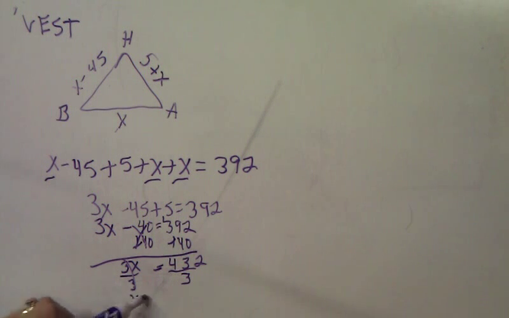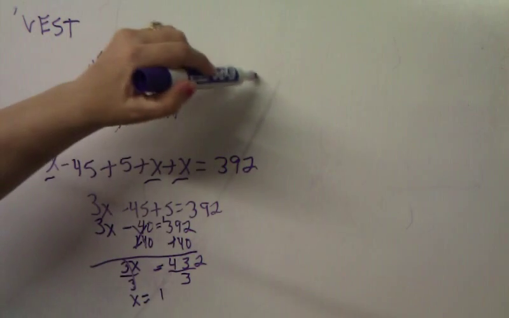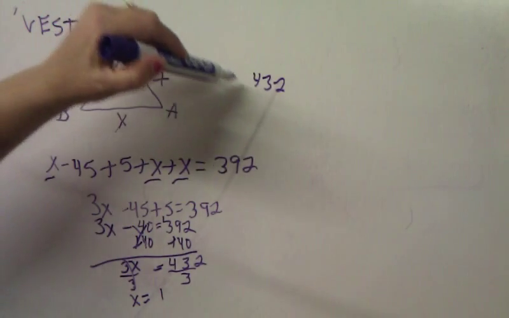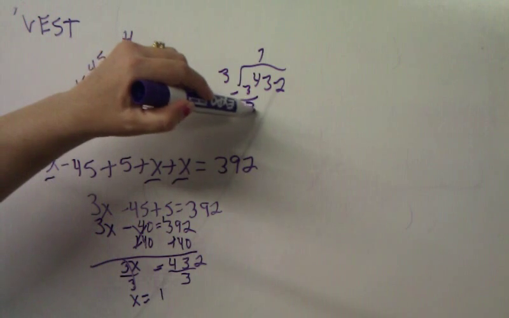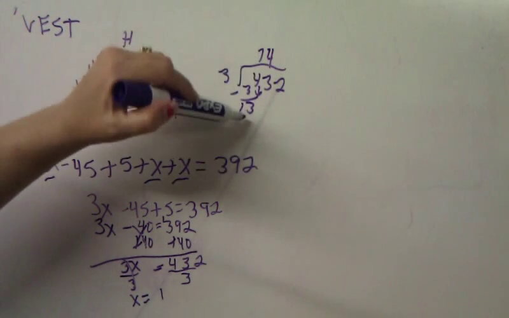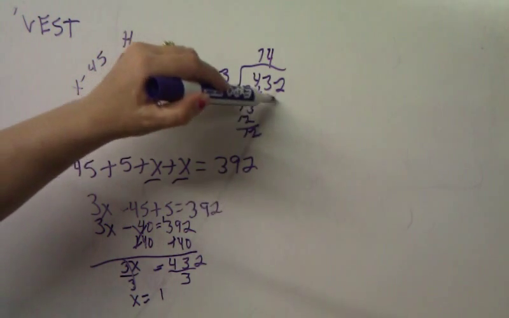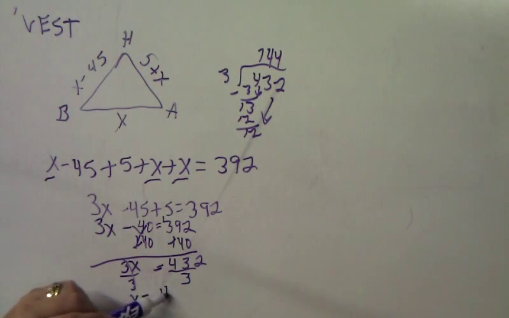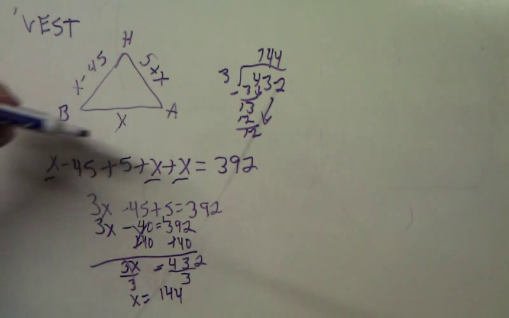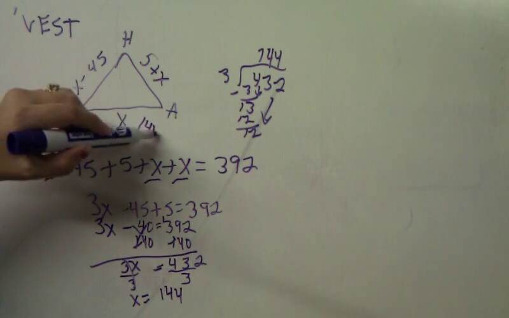So X equals, you can use your calculator, 432 divided by 3 is 144. So X is 144, so this one is 144.